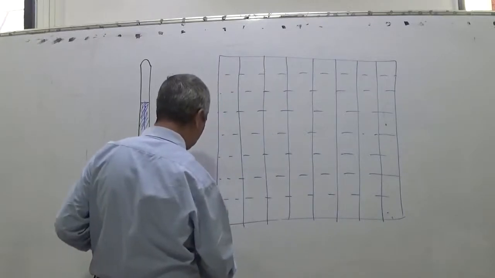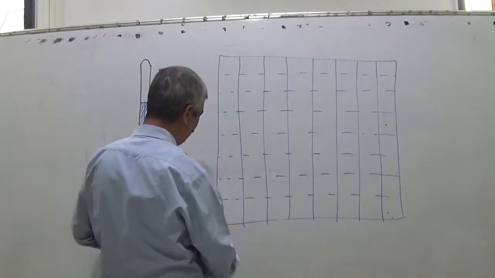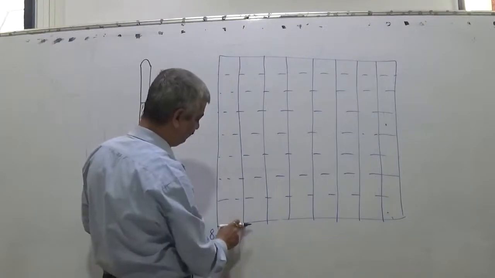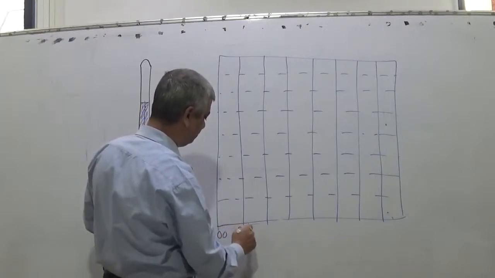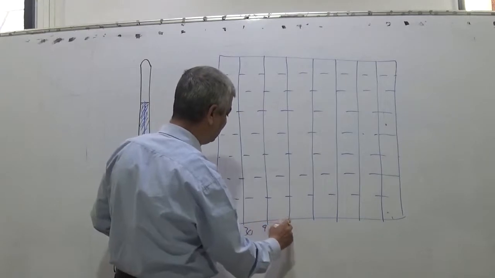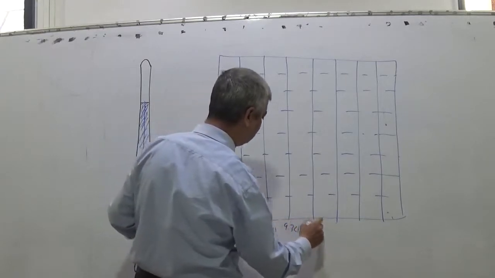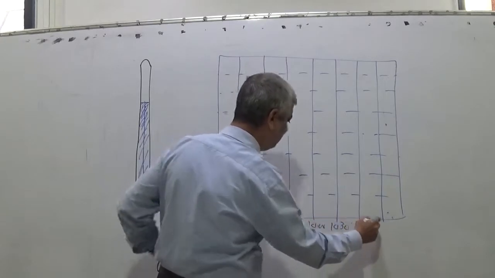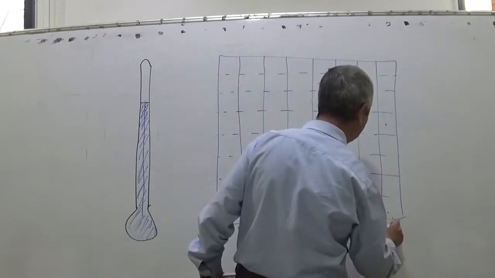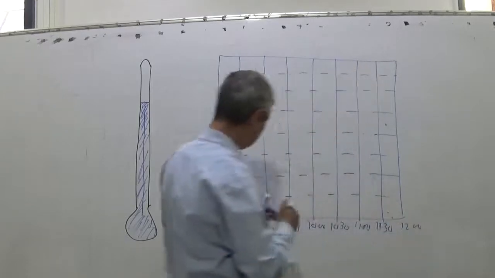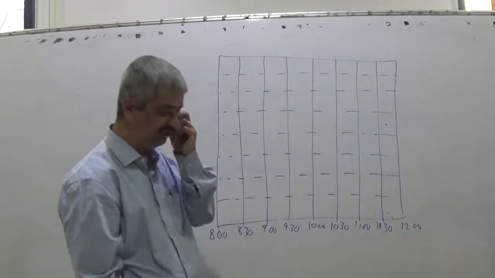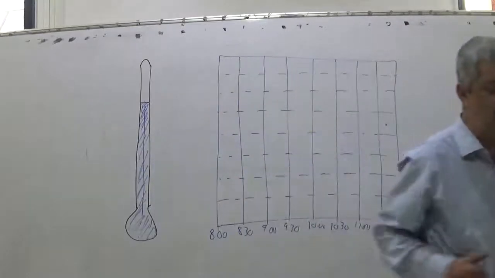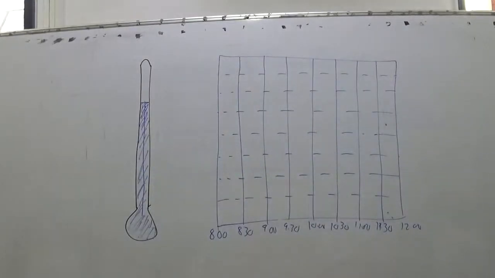So this is 8 a.m. One line, after that the next line 8:30, 9 a.m., 9:30, 10, 10:30, 11, 11:30 and 12 noon. So this is a 4-hour reading sheet. Then how are you going to record it? On this 4-hour reading sheet, you have got a thermometer.